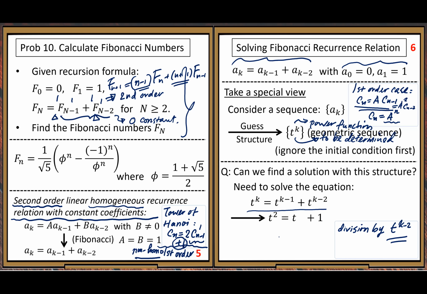Then you will get a very simple quadratic equation, right? t squared equals t plus 1. If we write it in the standard quadratic form, you can see t squared minus t minus 1 equals 0.